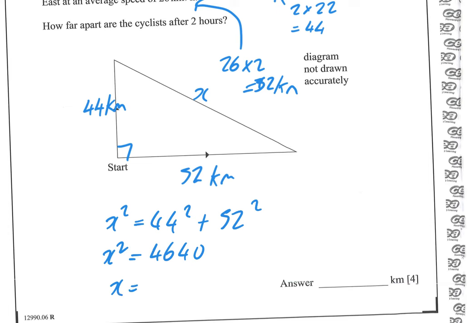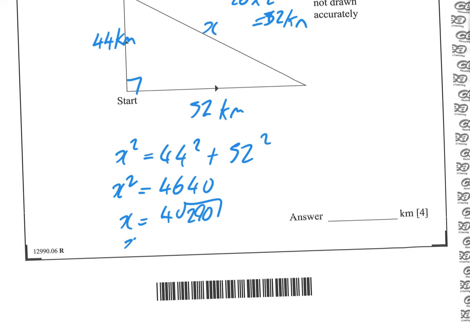And then square root of that answer, and it came out as 4 times root of 290, and press your SD button, and that got me 68 point, I'll go for 12 kilometers, and that's to 2 decimal places. So 68.12 kilometers to 2 decimal places.